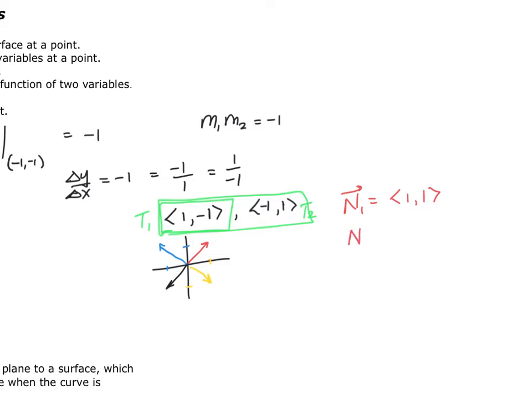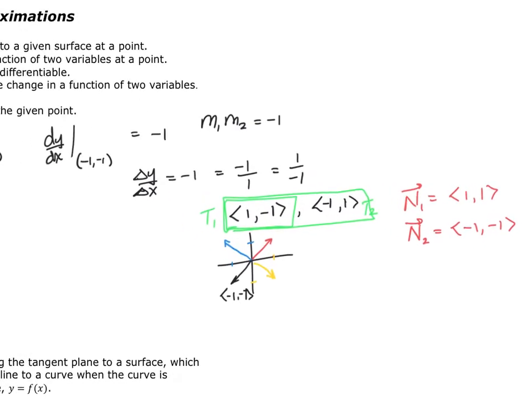So my second normal vector could have been negative 1, negative 1. Negative 1, negative 1 is going to be normal to either tangent vector, just like 1, 1 would be normal to either one. So that was the first one.